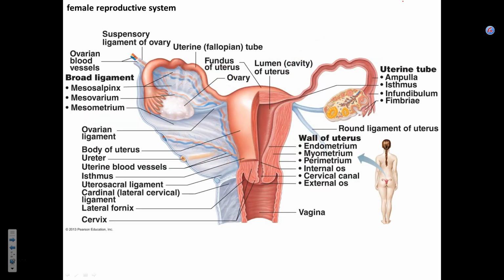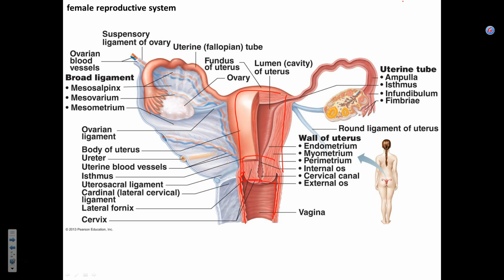Now, this is the anterior view of the female reproductive organs. Again, the vagina basically ascends into the uterus. The uterus has a few distinct parts.